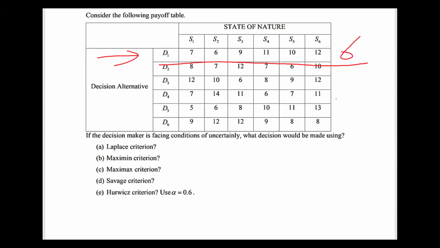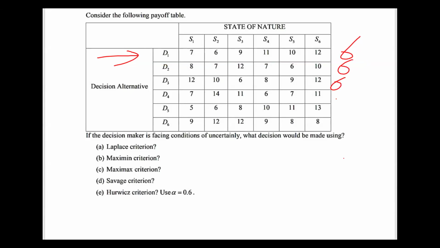Then when you go to decision number 2, it is a 7. Are we certain about that? Yes. Oh, it's 6, sorry. I didn't see the 6. Decision number 3, 6 as well.